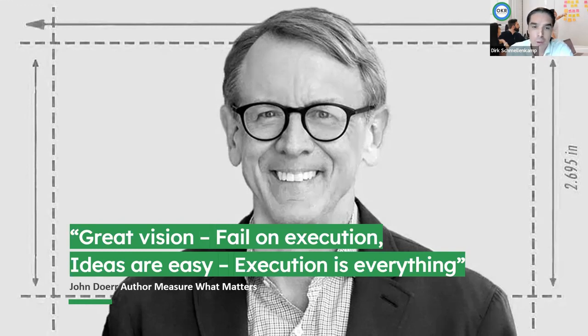But most of the time the problem is not the idea; it's that I don't even have the time to execute. So great ideas need a very effective execution plan, and OKRs help. OKRs are, for me, the best execution plan worldwide to achieve your ambitious goals.